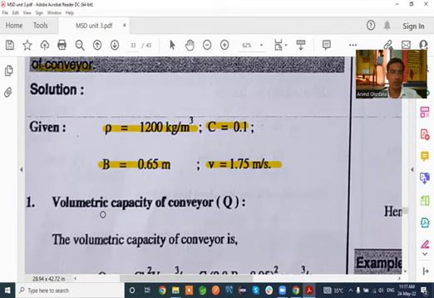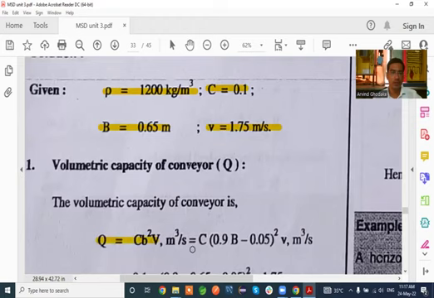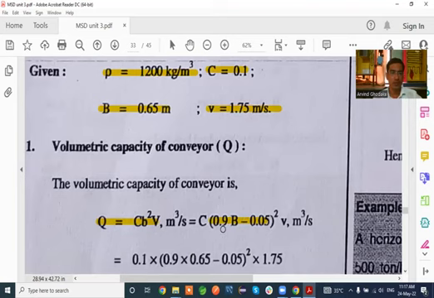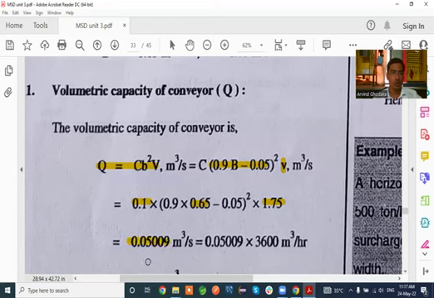Therefore, the volumetric capacity of the conveyor is given as Q is equal to CB square V. Putting the value of effective belt width as 0.9 B minus 0.05, we will have Q is equal to C into (0.9 B minus 0.05) square into V. Putting the value of surcharge factor, then given belt width and belt speed in the formula of volumetric capacity, we will get the volumetric capacity equal to 0.05009 meter cube per second.